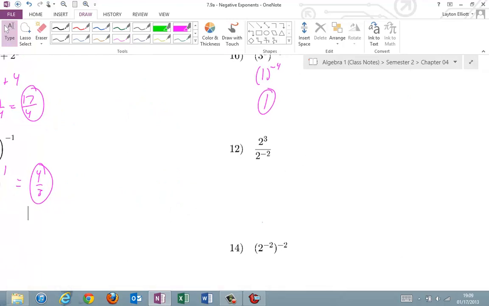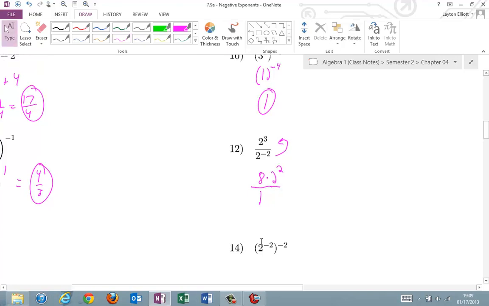Number 12, 2 to the third power is 8. So I'm going to make that 8 over, and this is the first case that we have of what sometimes we affectionately refer to as popcorn. Yes, the food, popcorn. We're going to take 2 to the negative 2 and move it up to the numerator, keeping a 1 in the denominator, but by moving it up we make that exponent positive. This is now 2 squared. How can we do that?